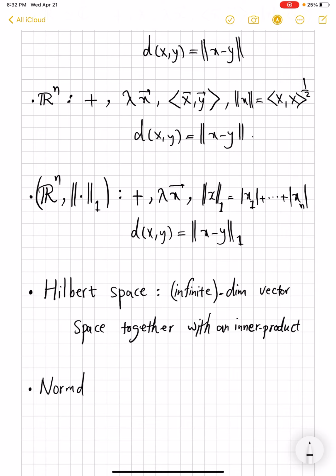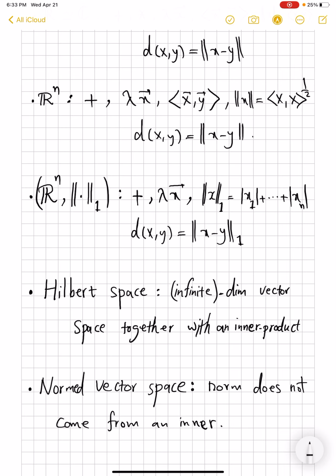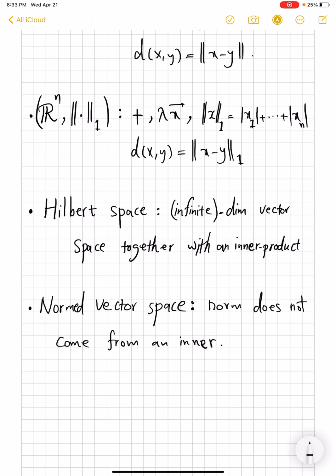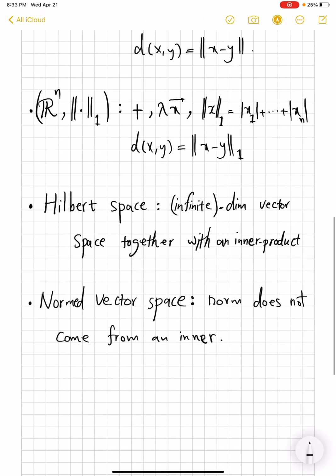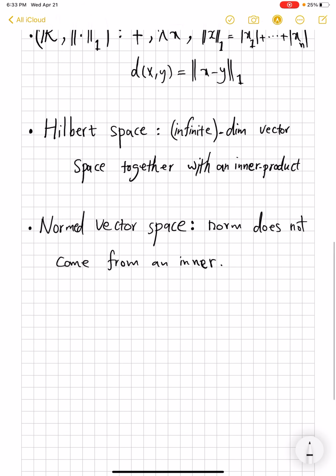It's a vector space, again, equipped with a norm, but here the difference to the Hilbert case is that the norm does not come necessarily from an inner product. And there is some beautiful theorem which tells you exactly when a norm does actually come from an inner product. So all of these, again, are examples of metric spaces with distance defined via the norms.